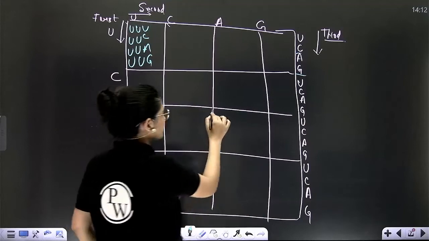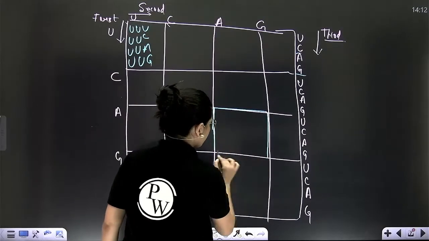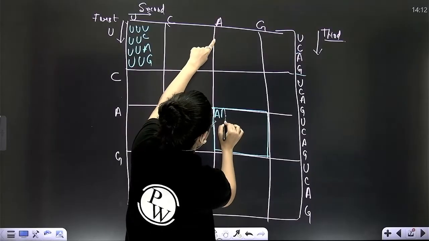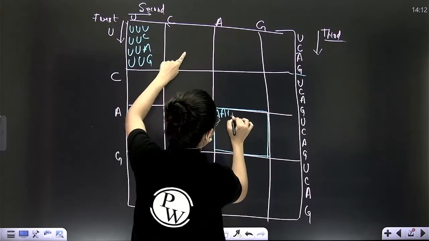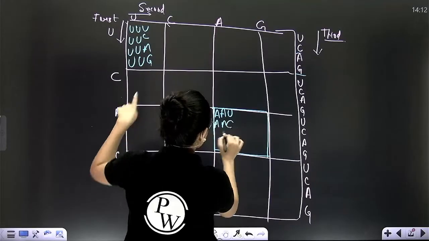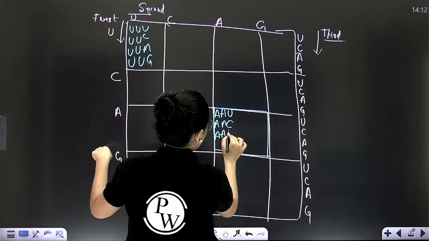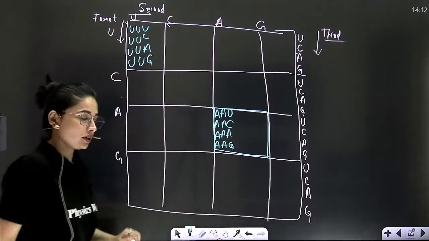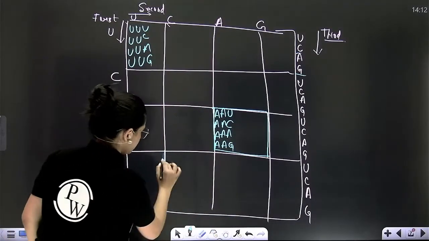Chalo. Now let's try to fill this block. A, first position, second position A, third position U. First A, A, C, A, G. Right? Now let's try to fill this position.